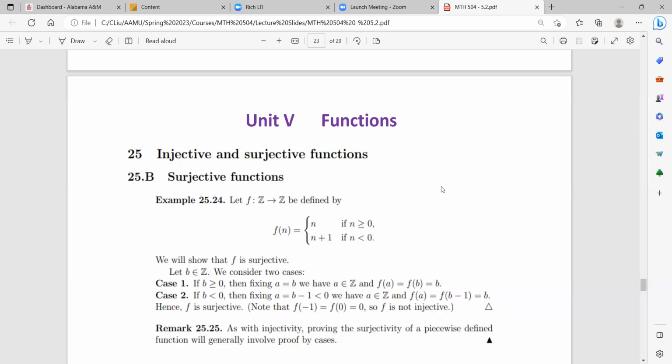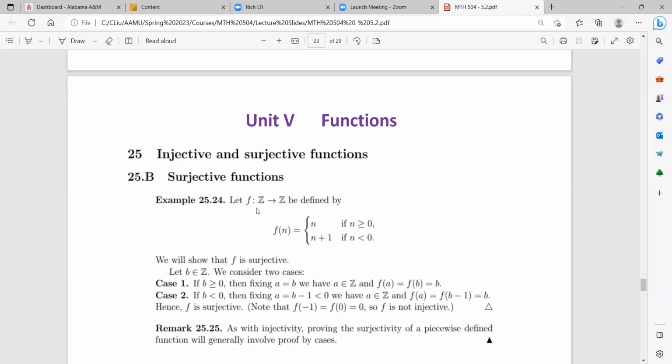And another thing is we usually have a lot of piecewise defined functions, and in those cases, if we want to know whether a function is surjective, then we usually need to check it case by case, just like injective functions.